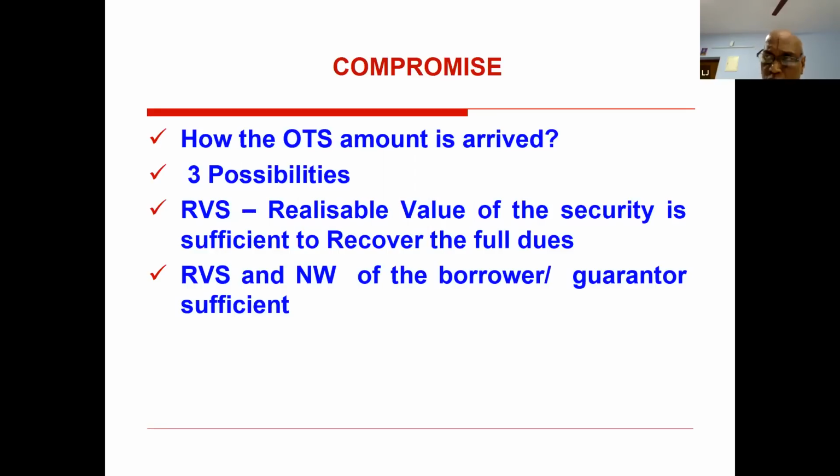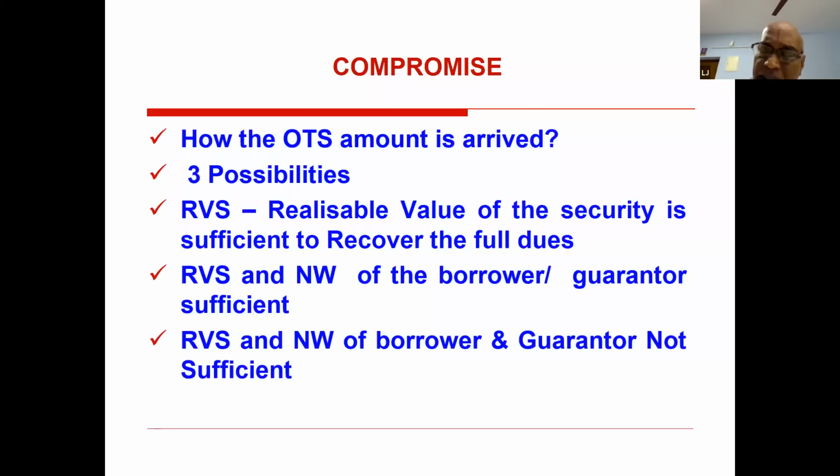In the second case also, banks use a formula. In the second case, the concessions given to the borrower are more compared to the first case, because in the first case the realizable value of the security alone is sufficient. In the second case, both realizable value and net worth are needed, so the concessions given to the borrower are a little more.